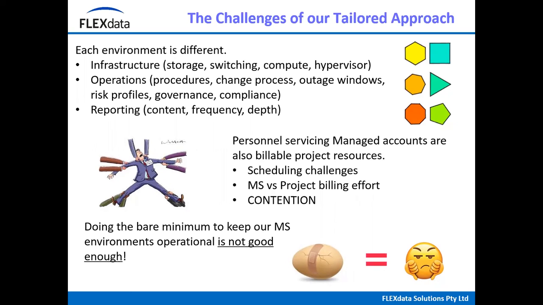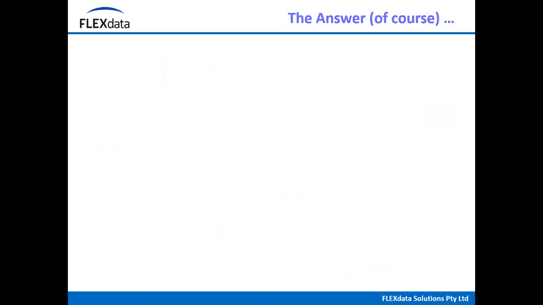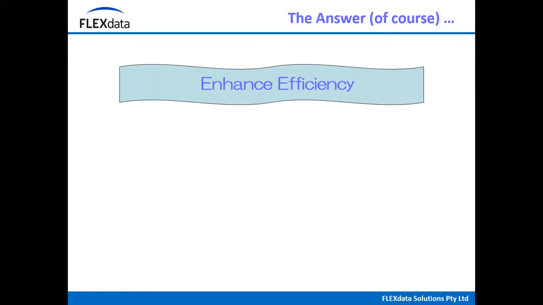So we have some challenges. And the answer, of course, or perhaps the quick throwaway, is that we need to enhance the efficiency with which we can deal with these challenges and ultimately provide a successful service to the customer, but be successful ourselves and remain profitable and be able to pay our staff and do all of the things that we need to do.